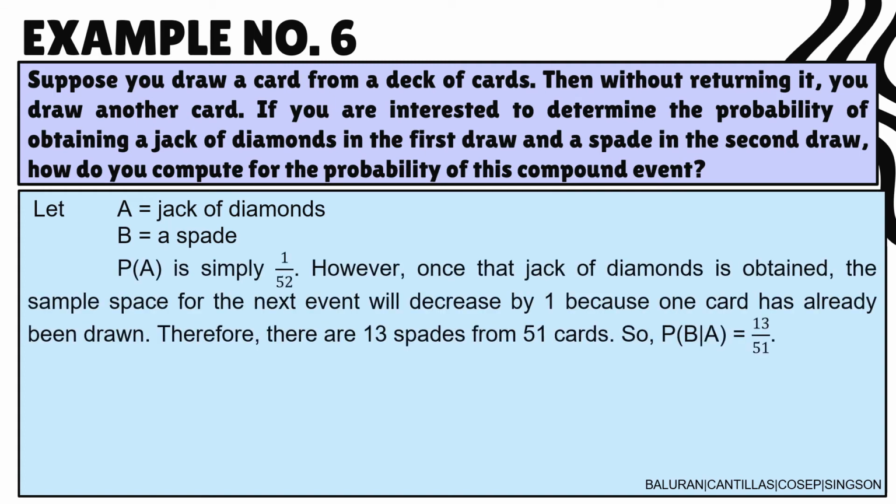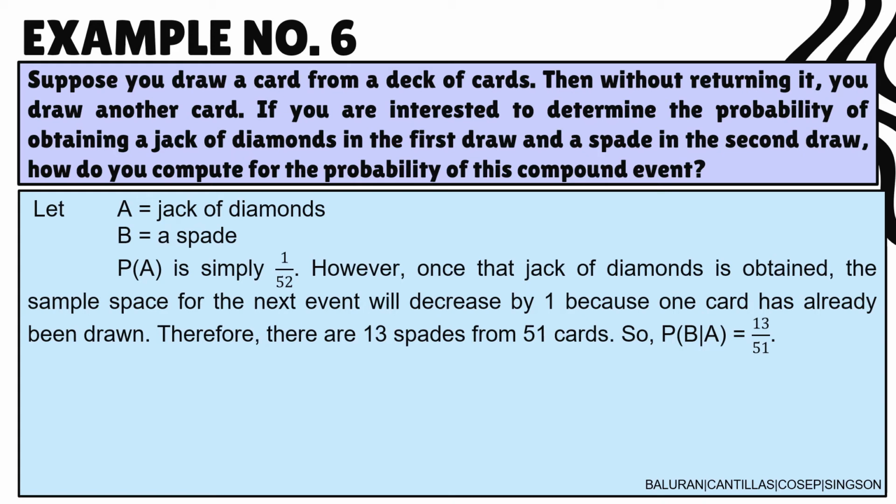So the probability of A is simply equal to 1 over 52. 1 here since we only have one jack of diamonds. 52 since the total number of cards in a deck of cards is equal to 52. However, once that jack of diamonds is obtained, the sample space for the next event will decrease by 1, since from the problem itself, it is without returning it.